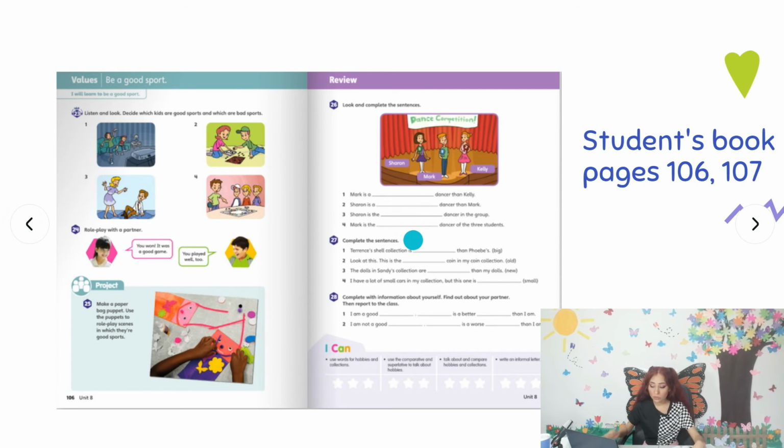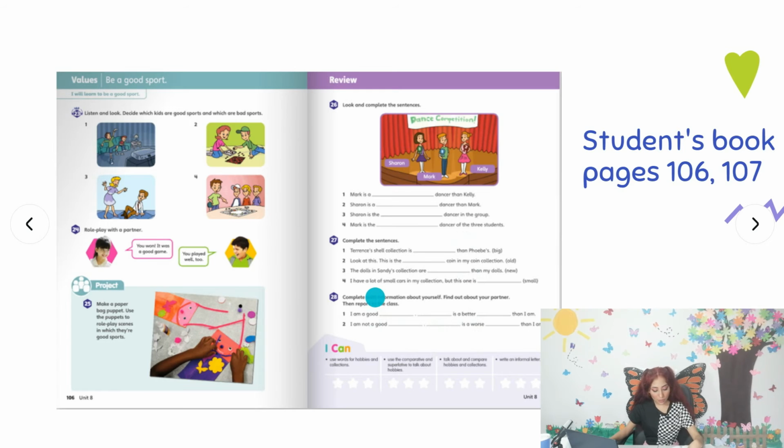Las últimas dos son superlative. So, you are going to write if it's the worst or the best, okay? So, we will say Sharon is the worst dancer in the group. Number 4, Mark is the blank dancer of the 3 students, okay?